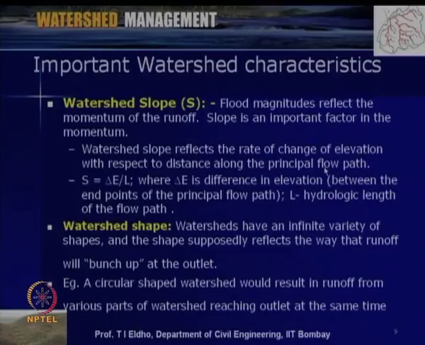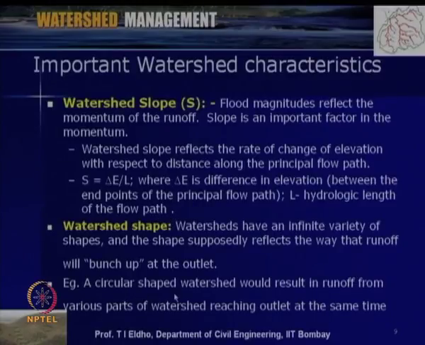If there is a narrow shaped watershed, the runoff will take a small period of time, but if it is a broad type watershed like this, it needs more time, as the runoff will be bunching up at the outlet. The watershed shape is an important parameter.